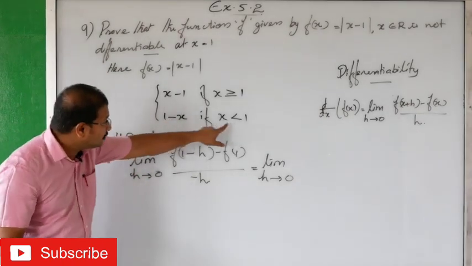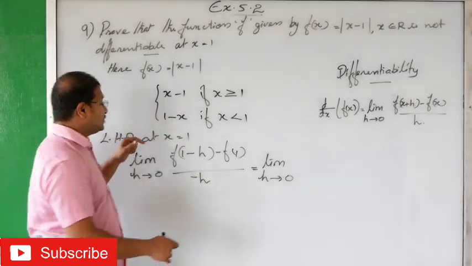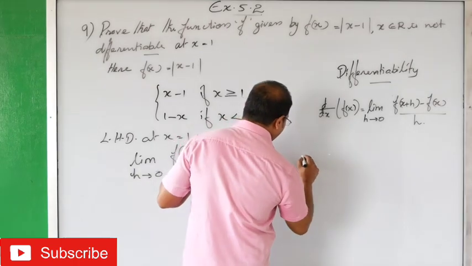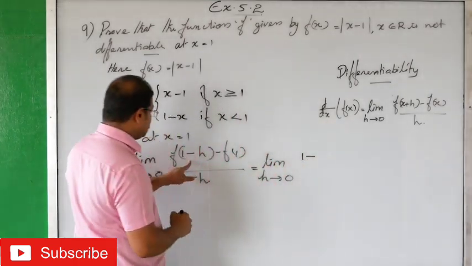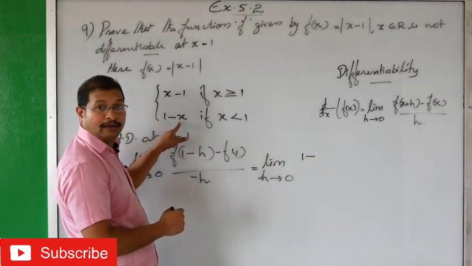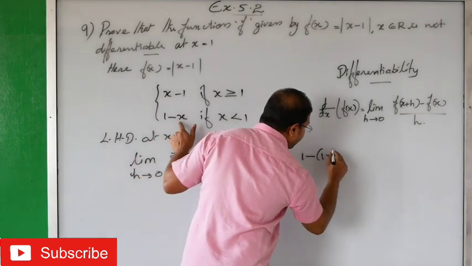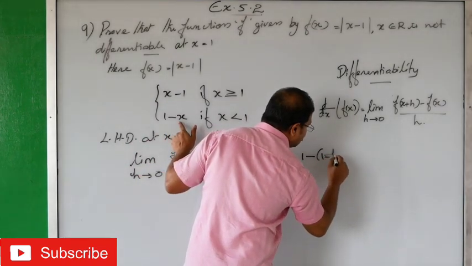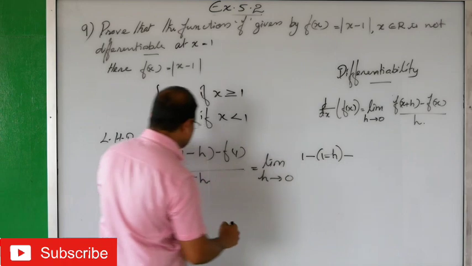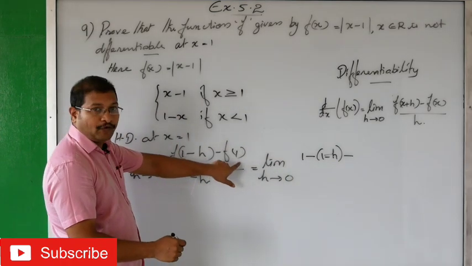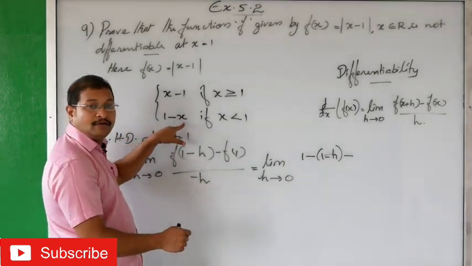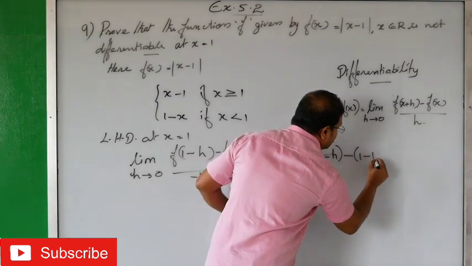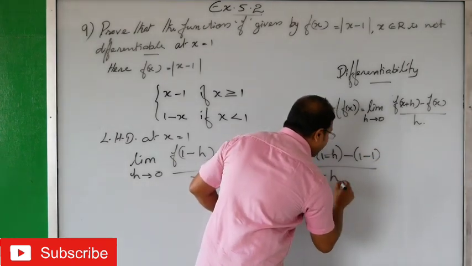The second condition, because it is less than 1. That means what you will do? 1 minus, h means what you will do? 1 minus h minus f of 1. f of 1 means 1 minus 1. 1 minus 1 divided by minus h.